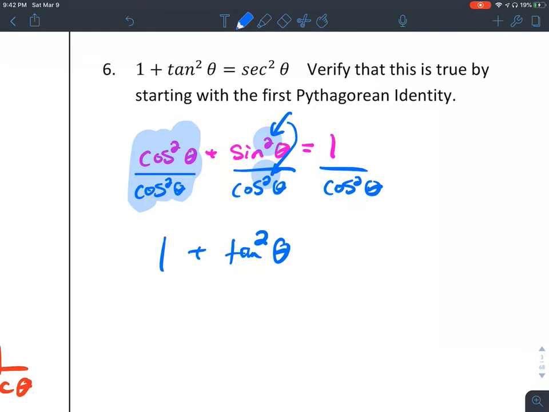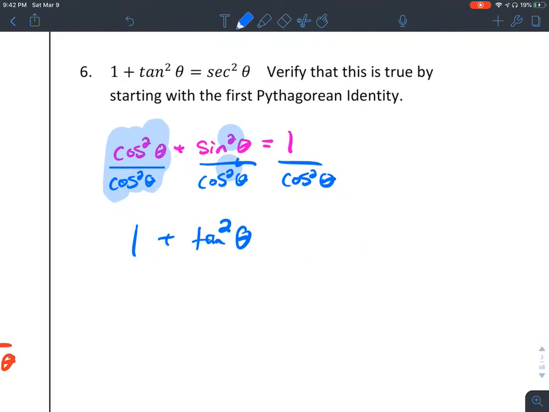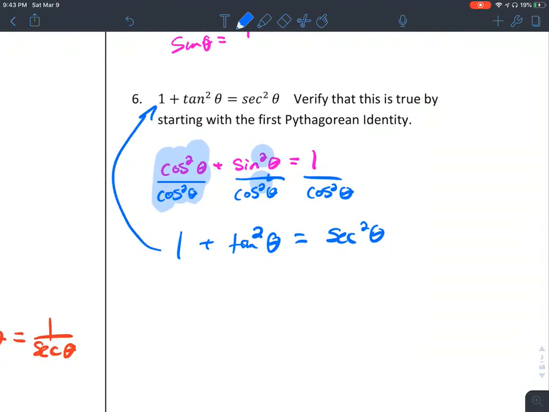If that doesn't make sense, let me know and I can provide more explanation for that. And I might actually do that here regardless. Well, what is 1 over cosine? 1 over cosine is secant. This was squared, so this is also squared. We have just taken the first Pythagorean identity and showed you where this next one comes from. It comes from it.